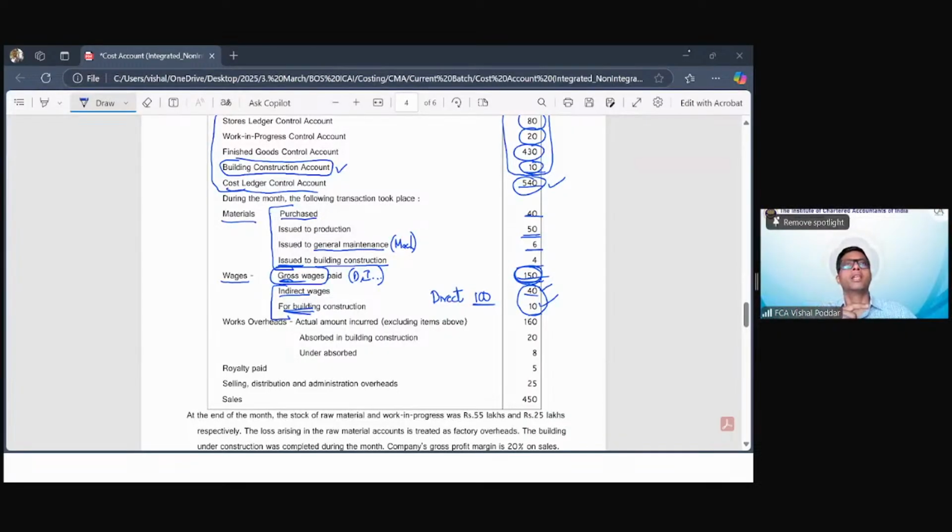I'm sure you all understand that very well. The problem is you have not understood the transaction, which is where you have to focus more. So here, as you can see, the direct labor is this 100. Direct wages is this 100. And once you get to know this, you know what posting has to be done.